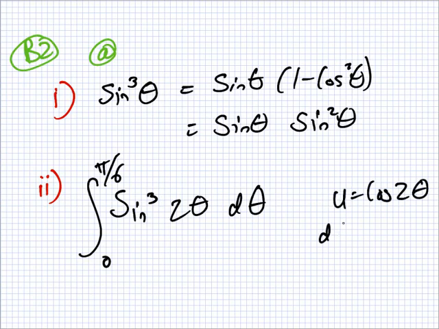So what does du d theta equal? That would be minus 2 sine 2 theta.